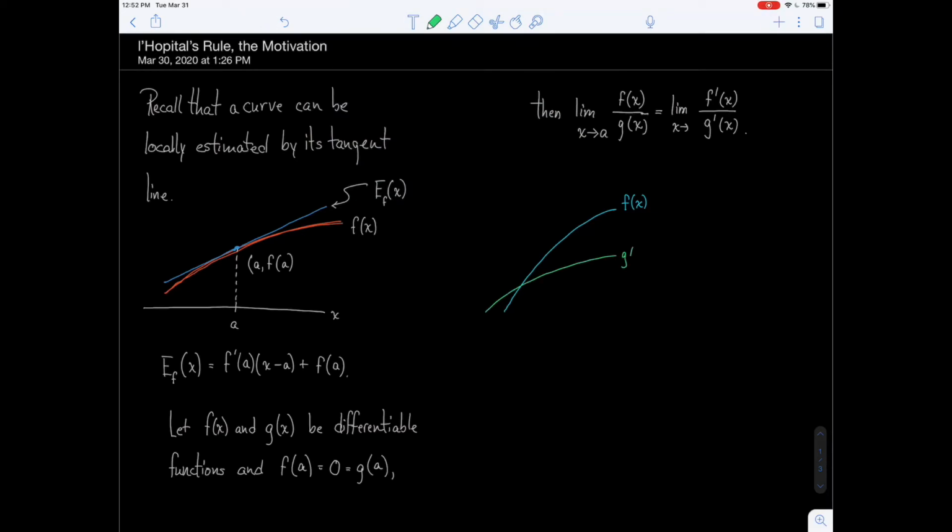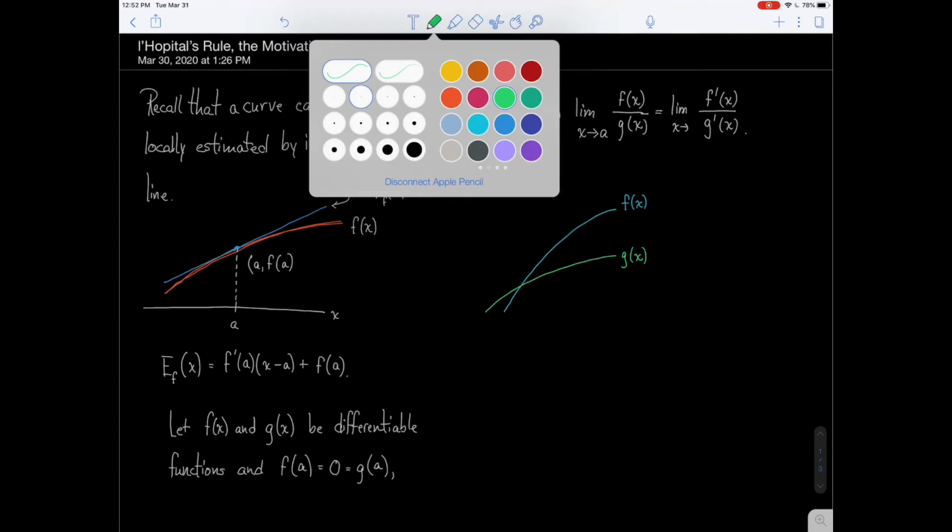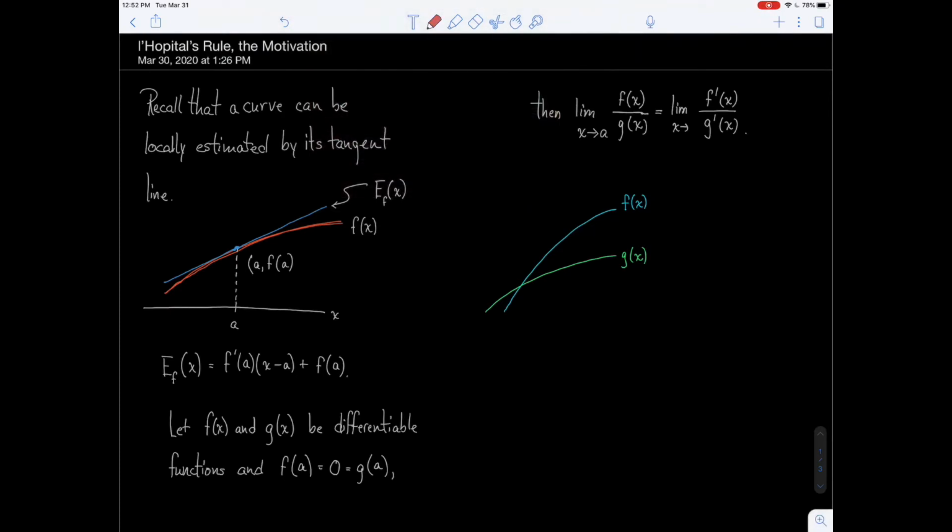And this is the curve g of x. Now, notice they intersect in this melon-colored point right here. So my x-axis is right there. And notice that what L'Hopital's rule says is that they're both 0 at that point. So they both cross the x-axis at the same point.